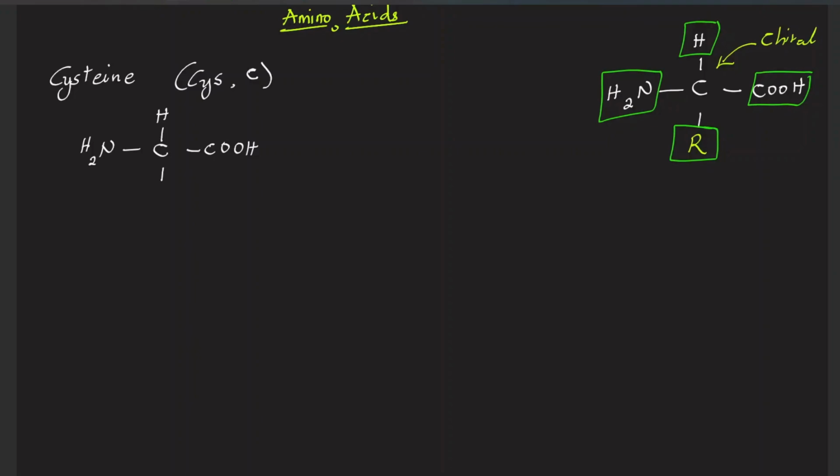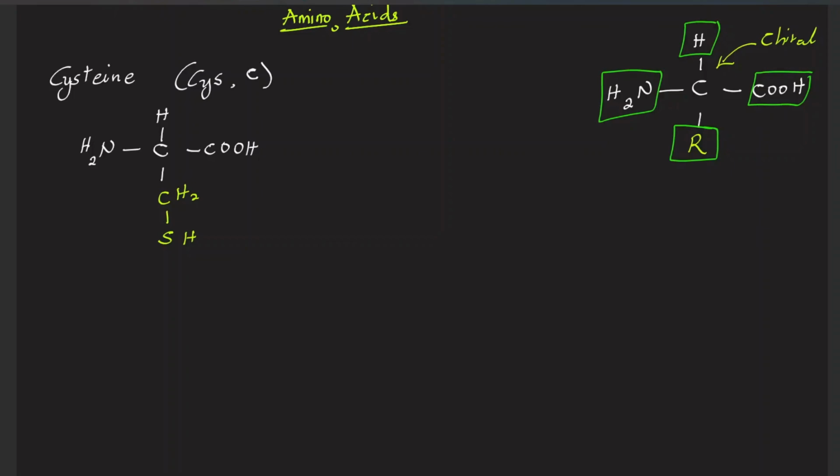The structure for cysteine is kind of similar to serine in that it has a carbon, and this carbon, if it was a serine, would have been attached to an OH group, a hydroxyl group, but this is attached to a thiol group, an SH group. This carbon has 2 hydrogens, and this is the structure for cysteine.